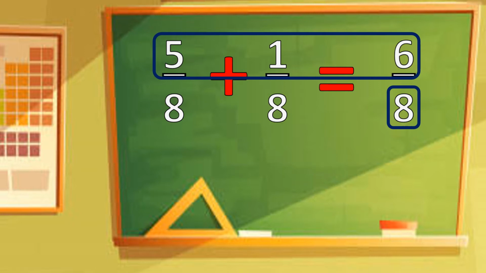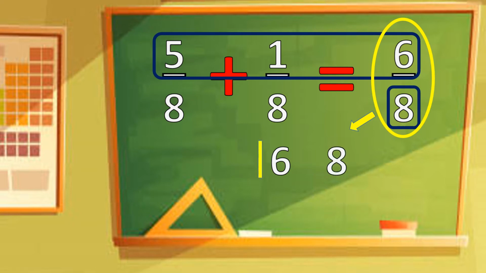Now, if 6 and 8 have other common factors except 1, then we have to simplify 6/8. So now, let's look at 6 and 8. Can we divide 6 and 8 by another number except 1? Okay, yes. We can divide 6 and 8 by 2.